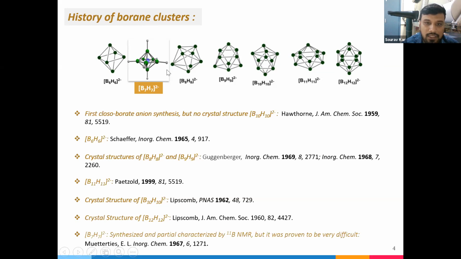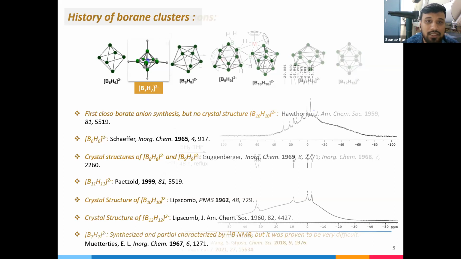But B7H7, which is a square bipyramid, was synthesized in very poor yield, 0.0008%, and it was partially characterized by 11B NMR due to the low yield and other difficulties. This is maybe due to the instability of B7H7, which is proposed by theory.